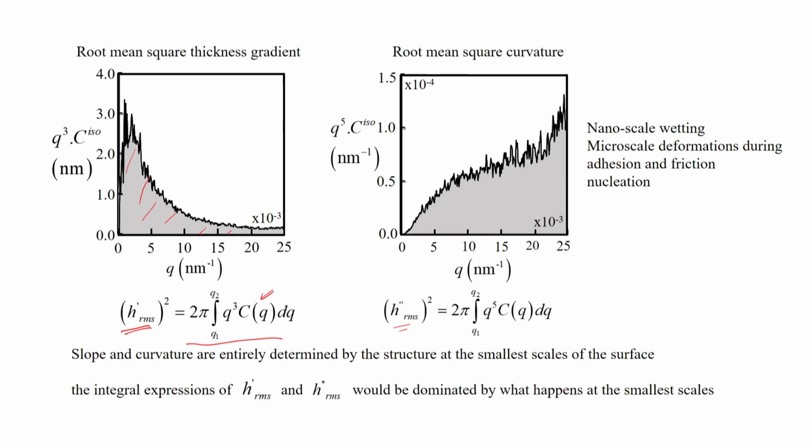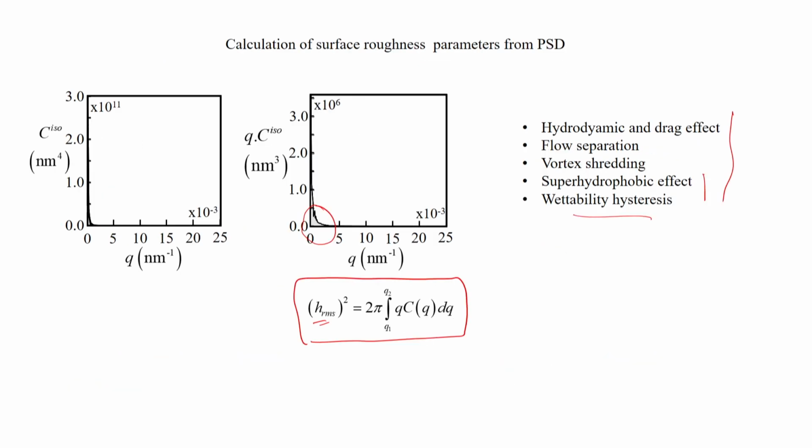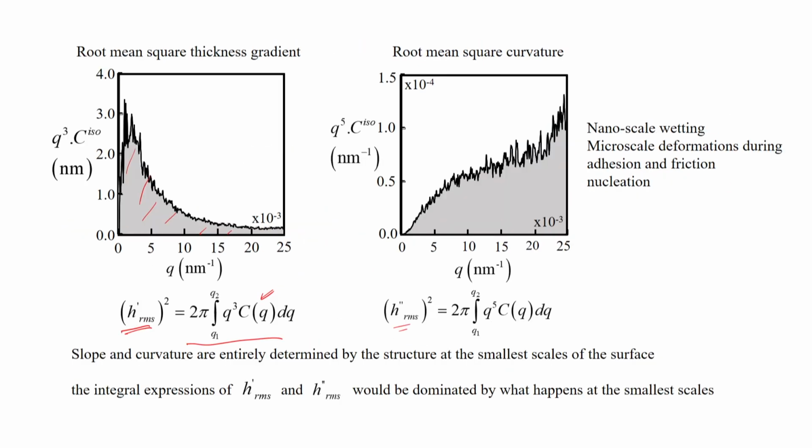So you see, once you have the PSD curve, then depending on your area of interest or the range of phenomena of interest, if it is a very small scale phenomenon, ultra small like nucleation, or let us say friction, adhesion, micro scale deformation, you characterize the surface by h double dash RMS. If you want intermediate, you do it by h dash RMS. Now h dash RMS is also important for adhesion in the sense that once you calculate this quantity h dash RMS square, you can calculate the actual area.